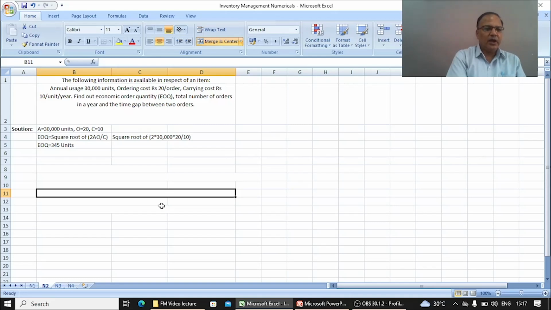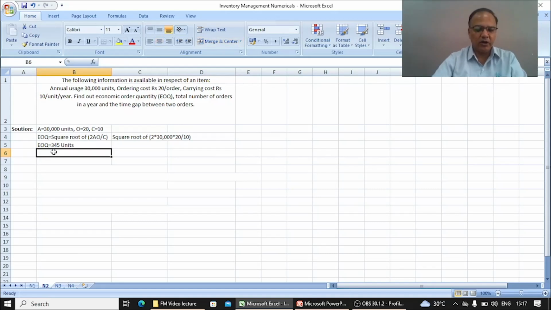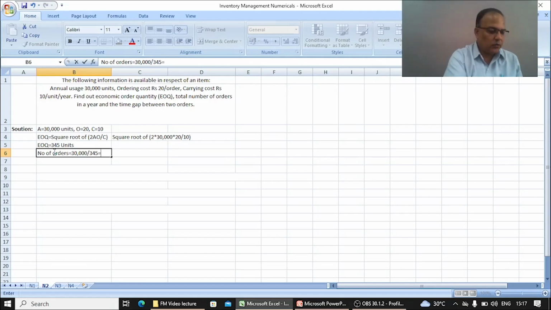It means if you are giving an order of 345 units, then number of orders is equal to 30,000 divided by 345, which is 86.9, around 87 orders you have to place in a year. It means you have to purchase 87 times.